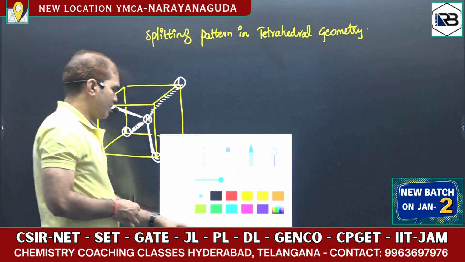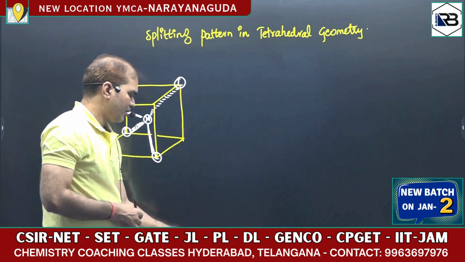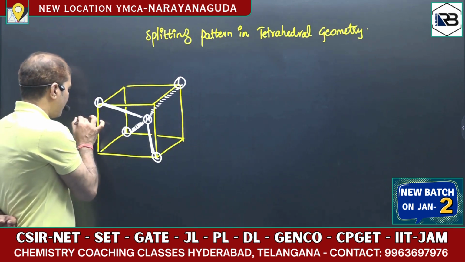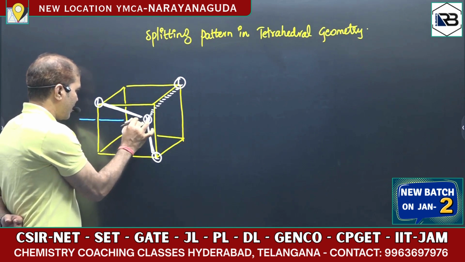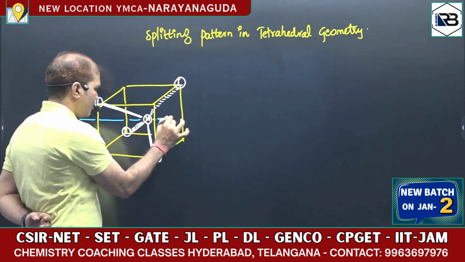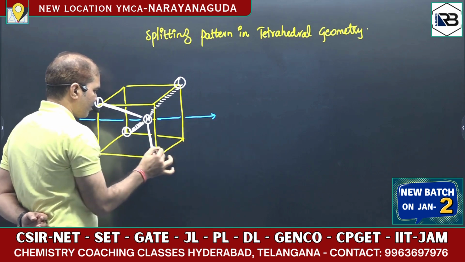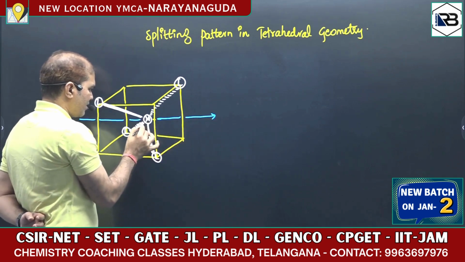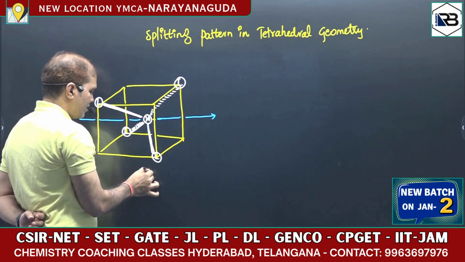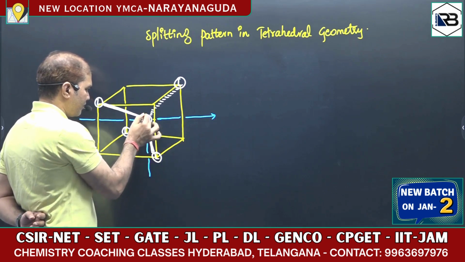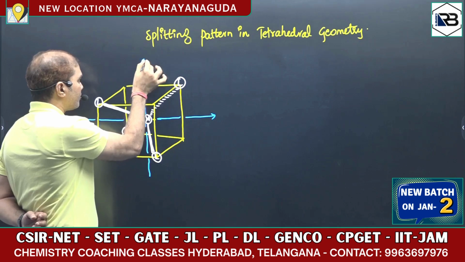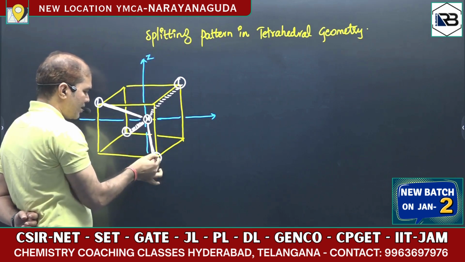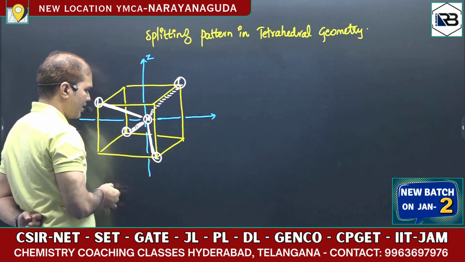In this tetrahedral geometry, if I consider the coordinate axes, suppose I consider this as the y-axis, no ligand is falling along the y-axis. If I consider this as the z-axis, no ligand is along the z-axis.